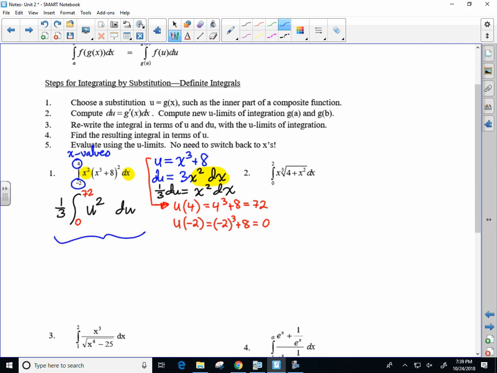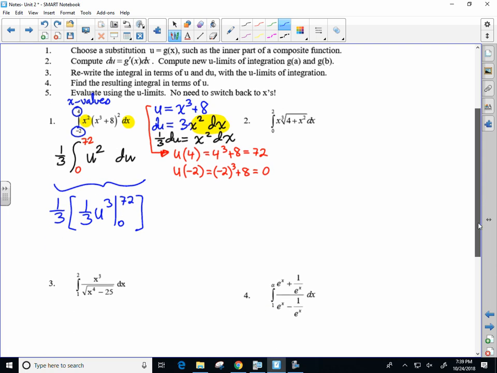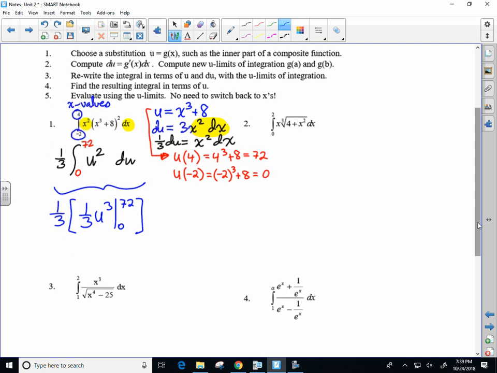So the antiderivative would be, well, I have the 1/3 because it was there the whole time. 1/3 u cubed on the interval of 0 to 72. And so now I don't have to worry about replacing the u with x cubed plus 8 just to plug in the negative 2 and 4. I've already done that.